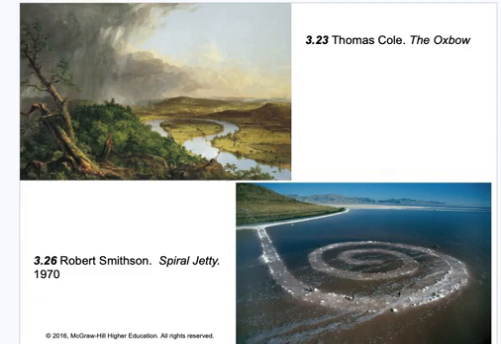If you look at this photograph, you can actually see people walking on it because it's raised above the water. Gives you a little bit of perspective of how big the spiral jetty is.